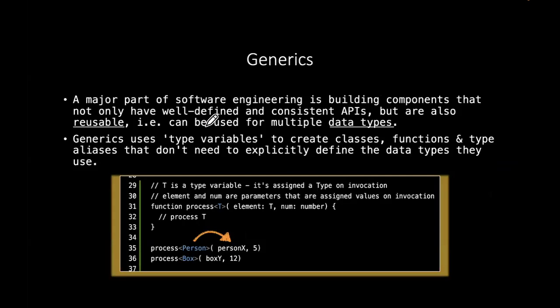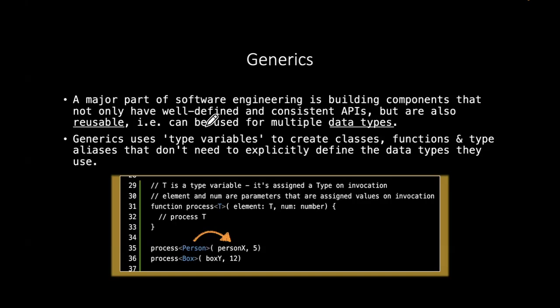The next topic is generics. The first language to introduce generics, to my knowledge anyway, was the Java language, and we're talking about a number of decades ago. A number of languages have generics now, though. Kotlin has it, and probably a lot of languages have generics. But the idea behind generics is it's all about reusability.